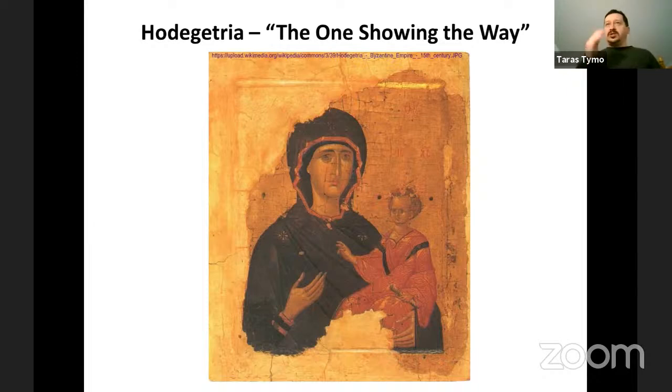And this gesture of Mary pointing towards Jesus gave the name to the icon, the one showing the way. Hodigitria, hodos is a way, and hodigitria means a woman, because it's a feminine noun, a woman showing the way, or the woman leading the way.